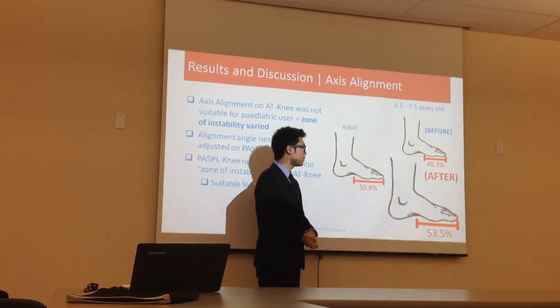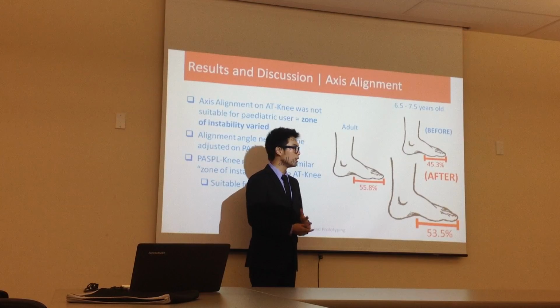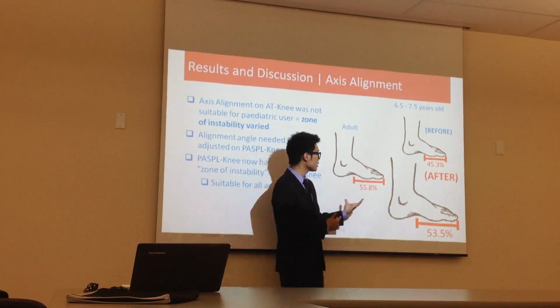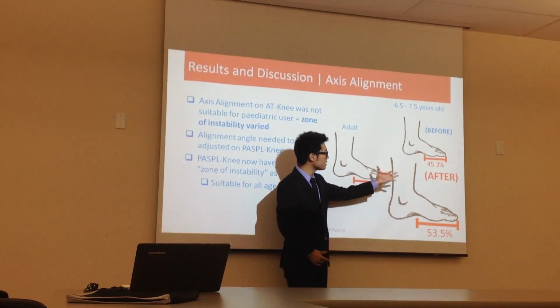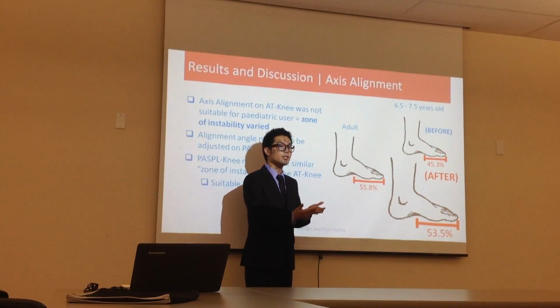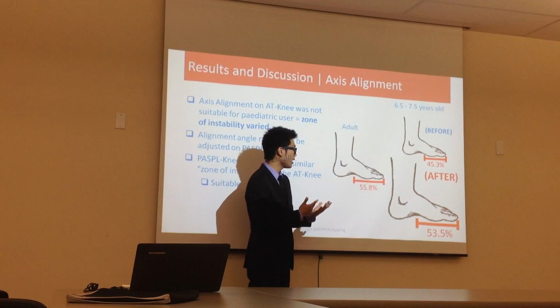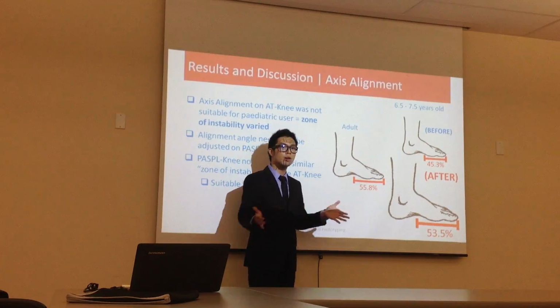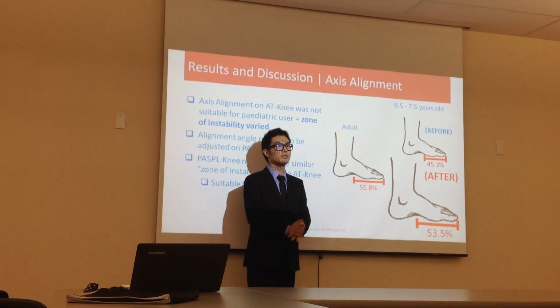So how we arrived at the 5 degrees is that we want to establish a similar zone of instability across all ages. When we look at 5 degrees, we're able to provide a similar number across all ages, and that's why we picked the 5 degrees.